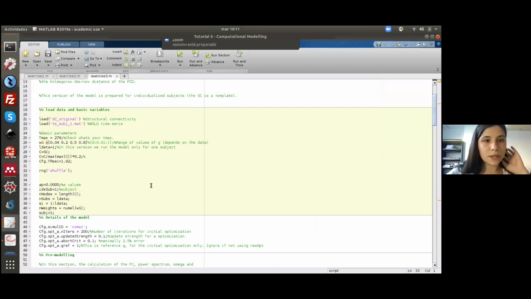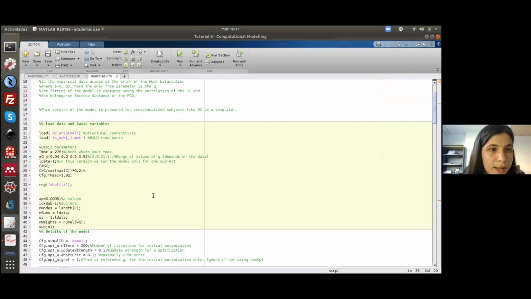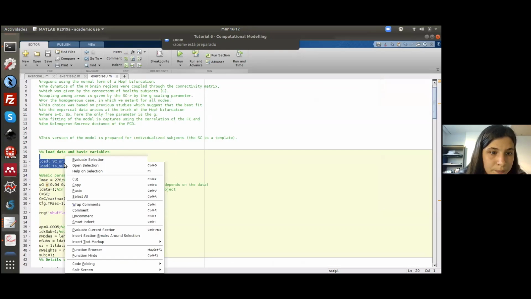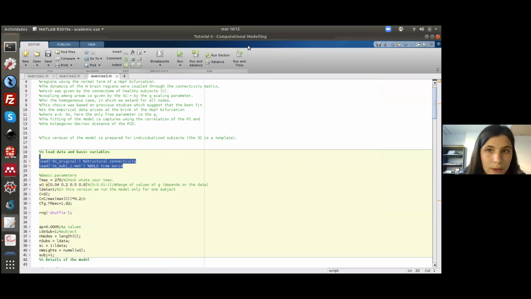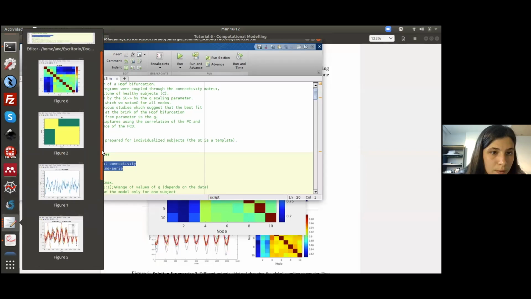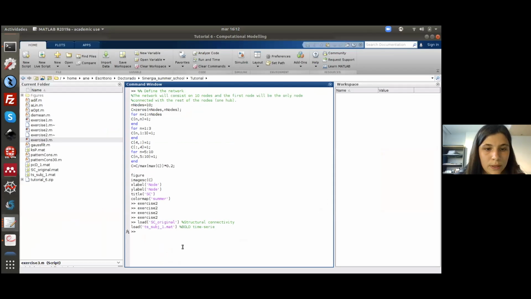Okay, so this is the script for exercise 3. First of all, we are going to load, as Manel said, the structural connectivity and the BOLD time series. So first of all, I would like to show you the structural connectivity, so you have an idea of what we have.